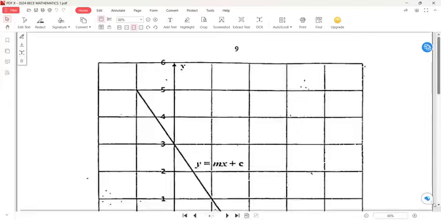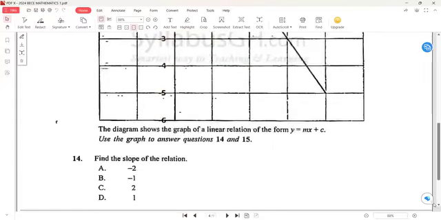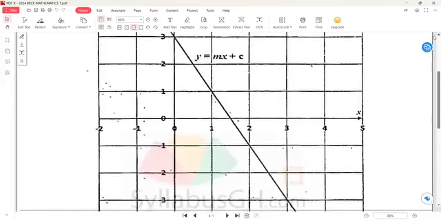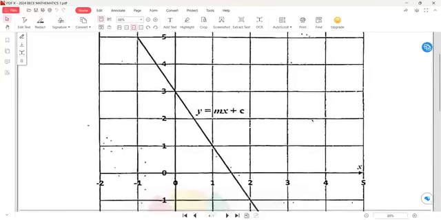Now we move on to question number 14, which is a graph question. We are asked to find the slope of the relation. The slope is the same as the gradient. So for you to find the gradient, you just have to get 2 points on the graph. So I can decide on connecting this to this.